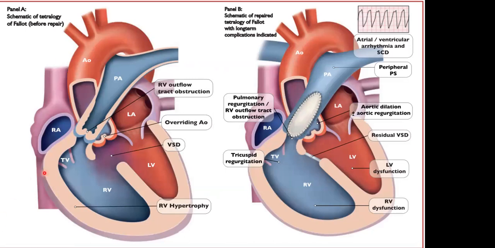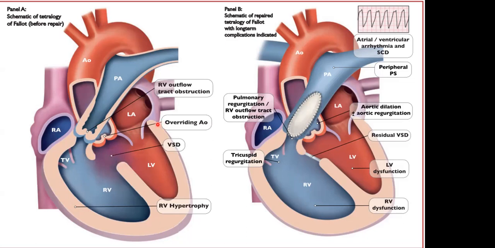So this basically is just showing us a picture of a patient with tetralogy of Fallot. The first component is the right ventricle. This is the right ventricle. You notice that there's hypertrophy of the right ventricle in this patient. And then there's a VSD. If you notice, there's an opening, a bridge in the ventricular septum.